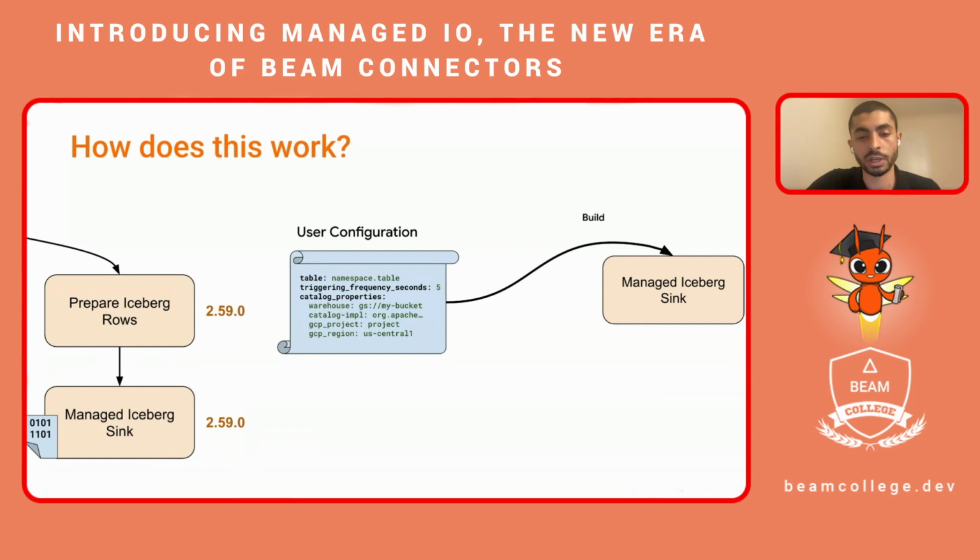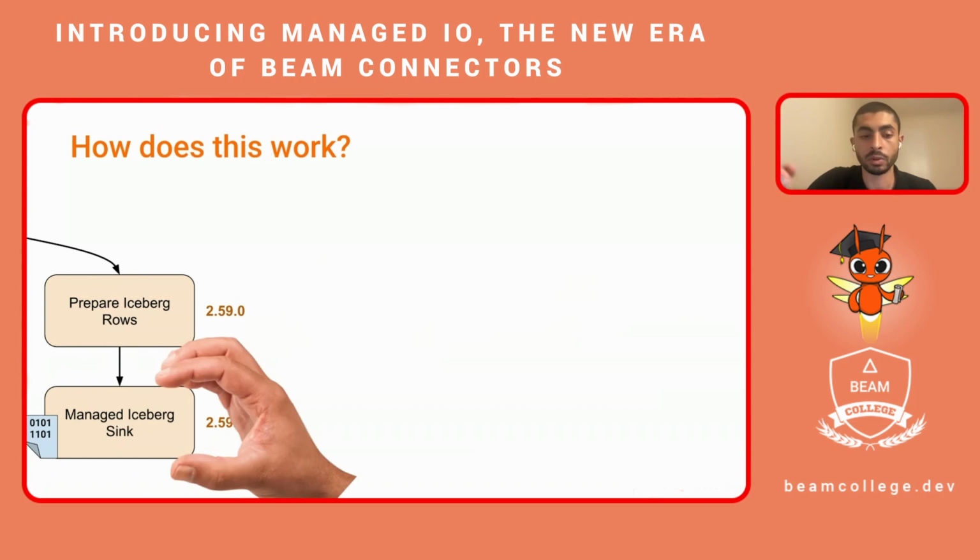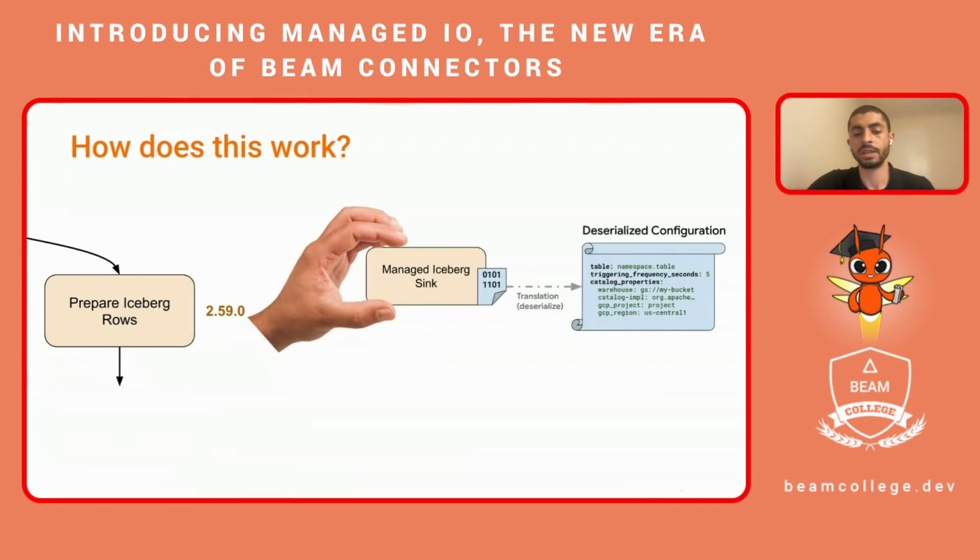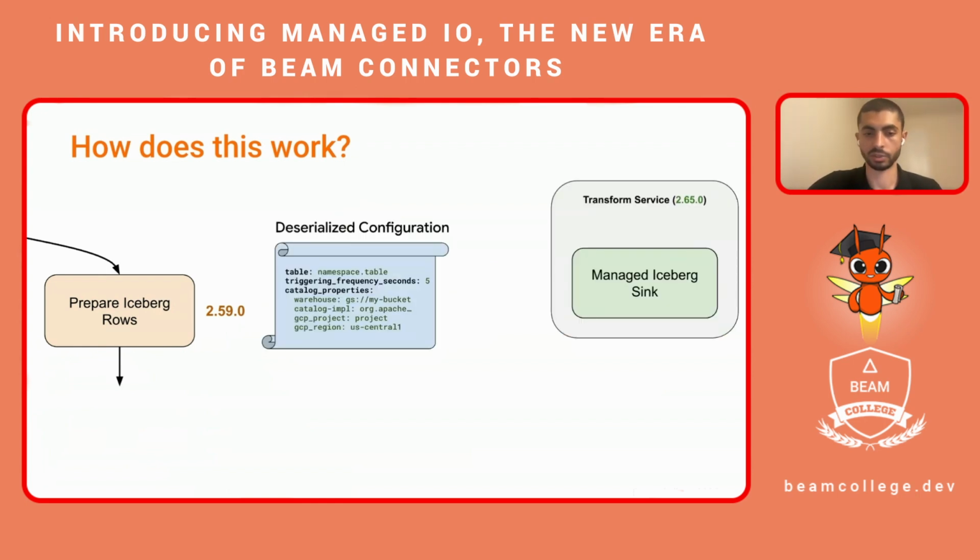So Beam will build the transform based on your configuration, but then it takes an extra step because this is a managed IO, and it will serialize the configuration into bytes and attach that configuration onto the actual IO, onto the proto. And then the runner can come along and see the IO and see the configuration bytes here. It takes it and deserializes the configuration. And then it takes the configuration to its own backend.